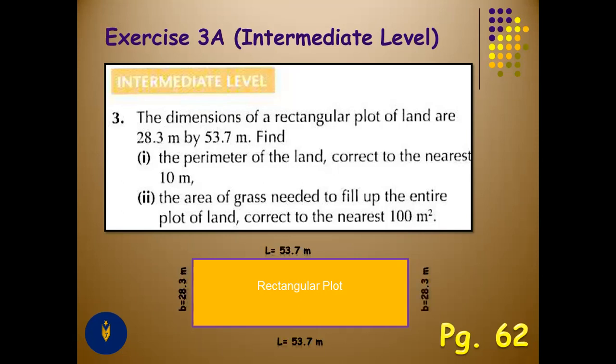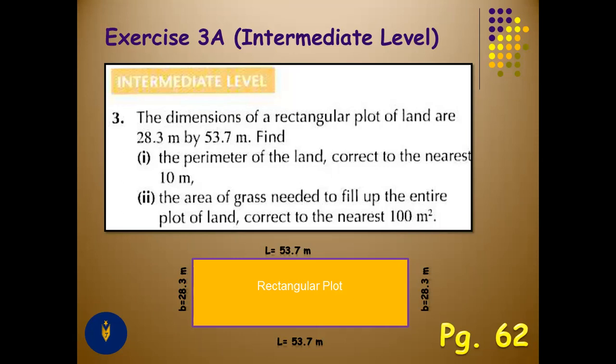What we have to find is the perimeter of the land, corrected to the nearest 10 meter. Then in part 2, you have to find the area of grass needed to fill up the entire plot of land, correct to the nearest 100 meter.